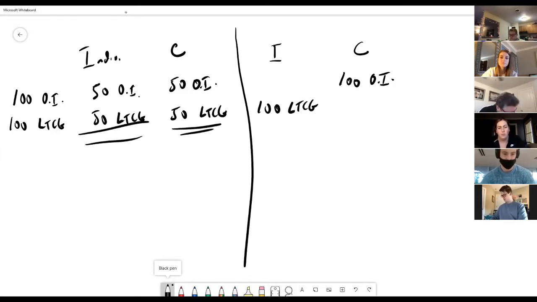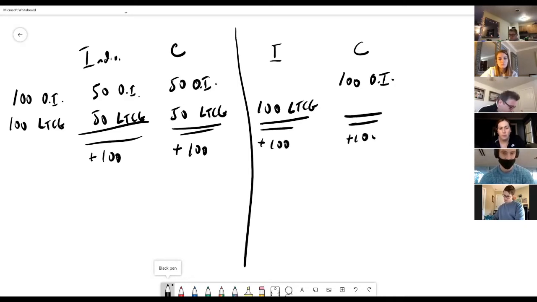We're netting these out: plus 100 in the capital account, plus 100 in the capital account. And if this is respected, what you've done is shift 50 of ordinary income from the individual to the corporation and shifted 50 of long-term capital gain over.